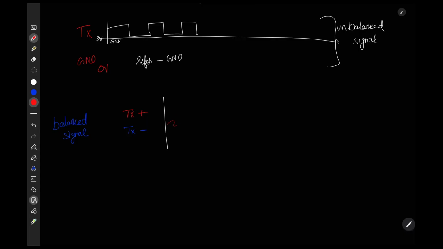For Tx plus the waveform will be like this. This is some bit pattern, and the same bit pattern in the opposite polarity will be there with Tx minus. This is how you send data in a balanced signal.